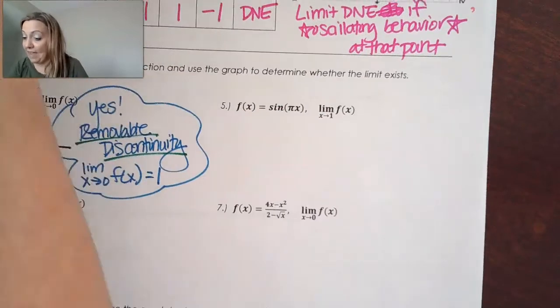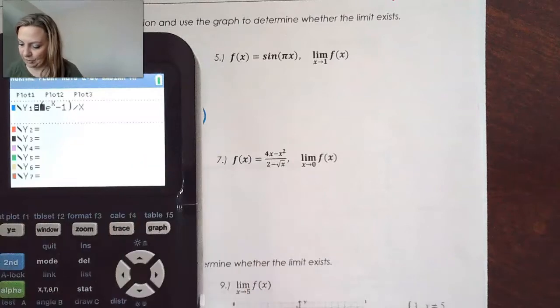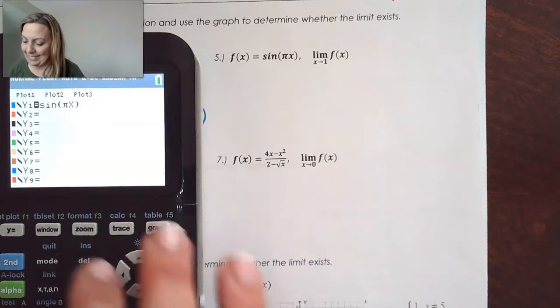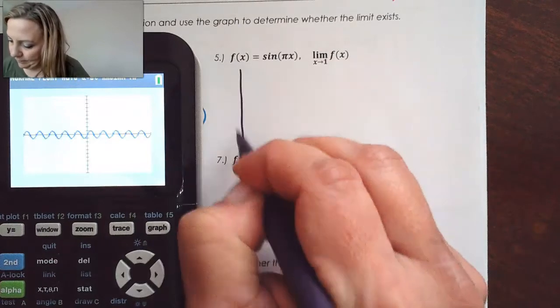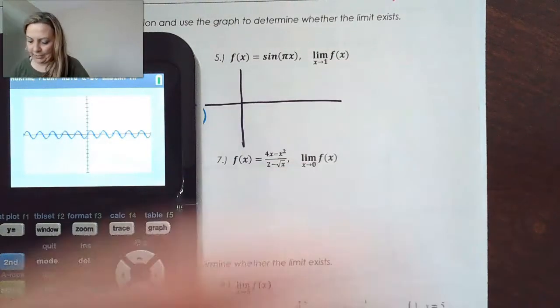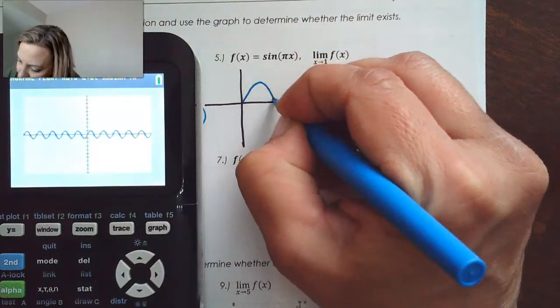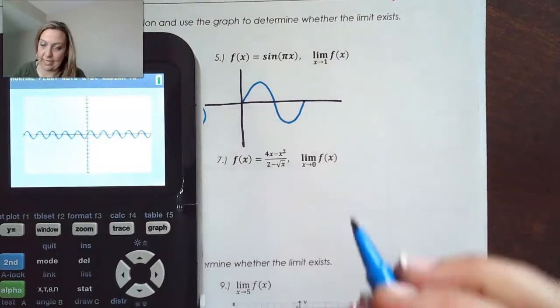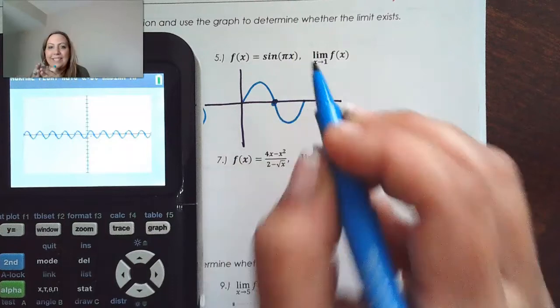Number 5 is f of x equals sine of pi times x. So I'll just put that in, sine of pi times x. And if I graph this, we're looking at the limit as x goes to 1, and we can see here that this is what happened at x equals 1. And that's not oscillating behavior.